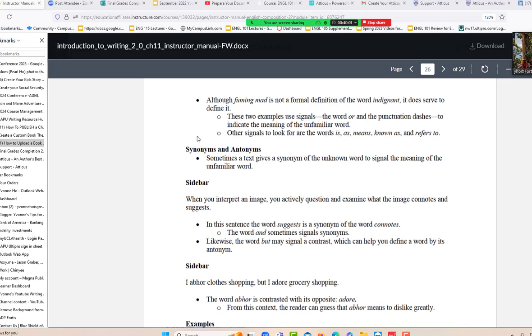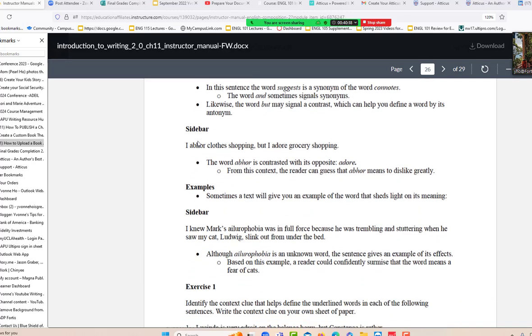Sometimes a text gives a synonym of the unknown word to signal the meaning of the word. When you interpret an image, you actively question and examine what that image connotes and suggests. I abhor shopping, but I adore grocery shopping.